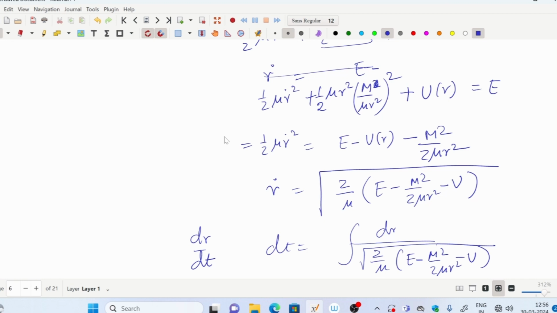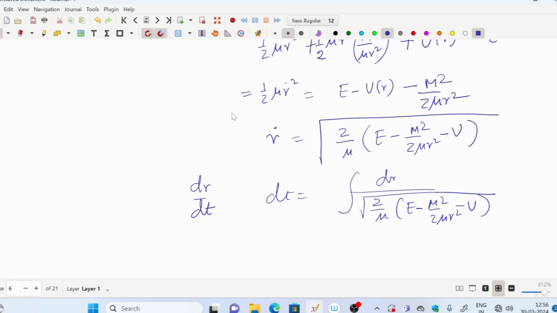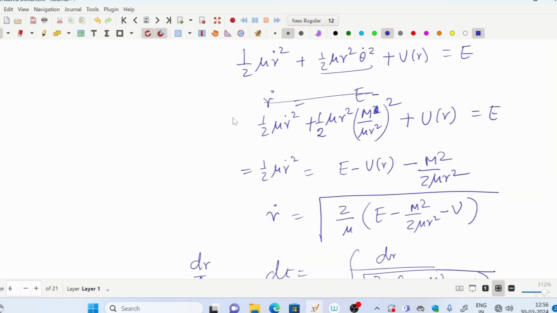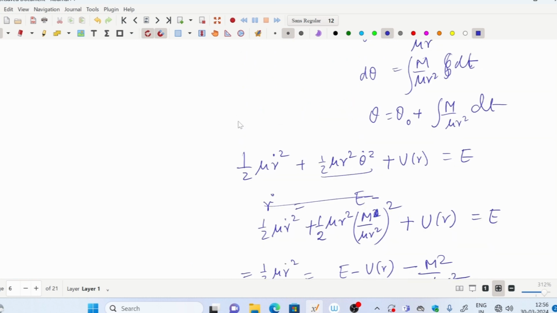I am missing a 1 over r square factor. So let me substitute theta dot. Okay.